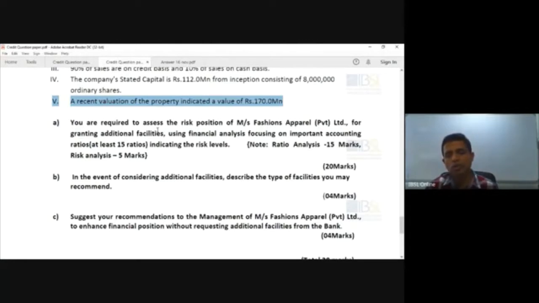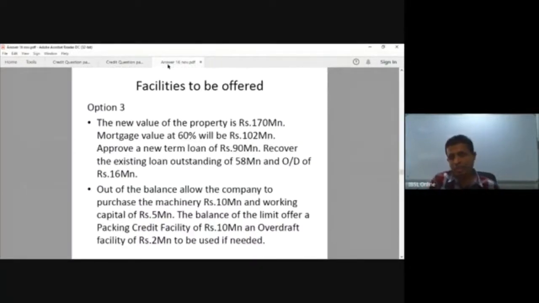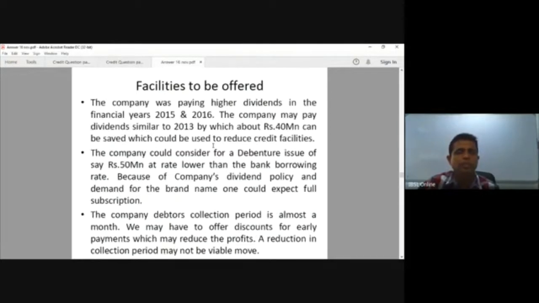Without going for a bank loan, propose additional options that they have. If you are in the management of the MS Fashion Limited, recommend few options without asking a loan facility from the bank. What are the options available? Now, these are the options available. I recommend few options, at least 5 to 6 options.